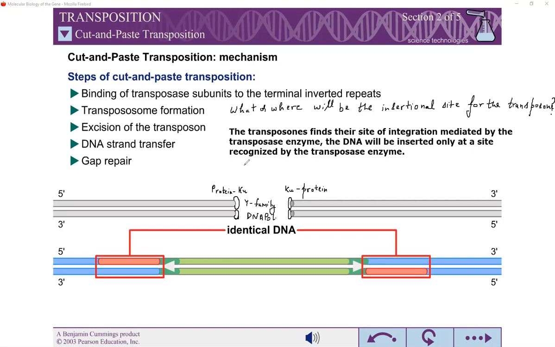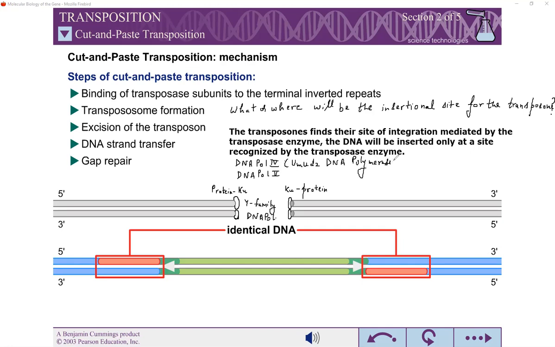Y family DNA polymerases include DNA polymerase 4 and DNA polymerase 5. This DNA polymerase 4 is also referred to as UmuD2 DNA polymerase. This is how the repair is going to take place.